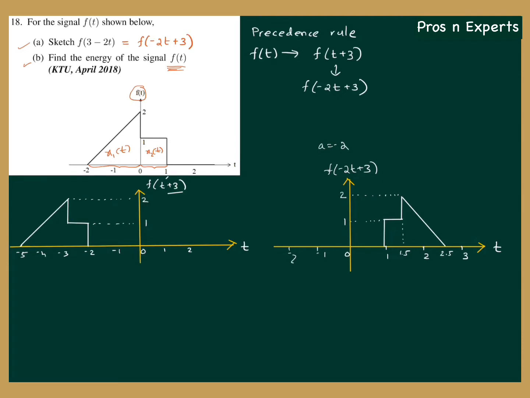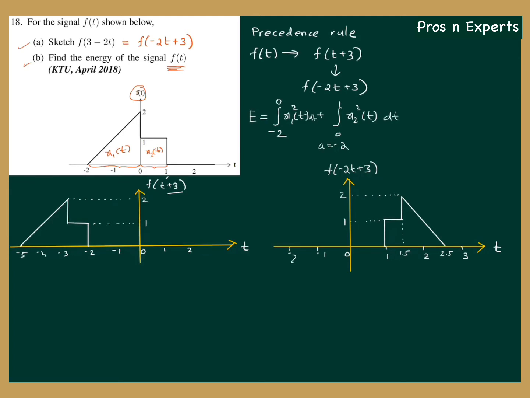Okay, so I can now say that the energy of signal f of t is equal to the integral from minus 2 to 0 of x1 of t the square, plus the integral from 0 to 1 of x2 of t the square dt.